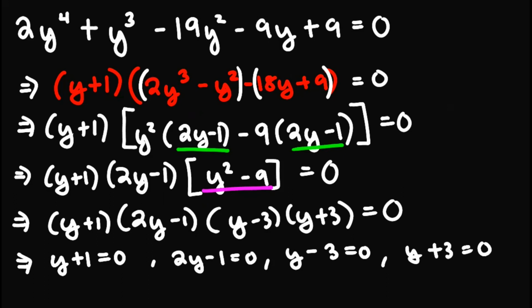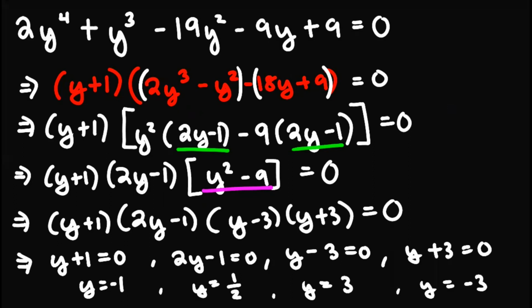Simplifying these linear equations, we obtain y equals negative 1, y equals 1/2, y equals 3, and y equals negative 3. And so these are our roots for this higher order polynomial equation.